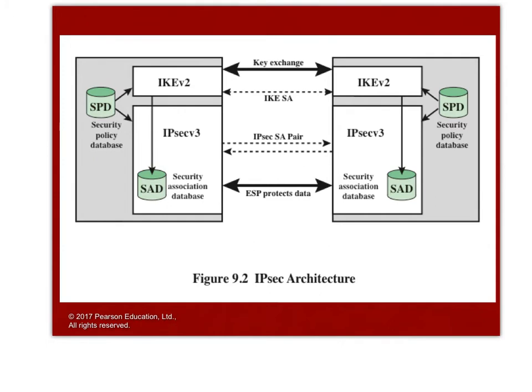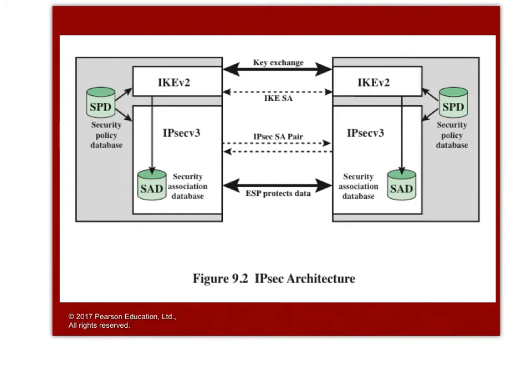Once I agree on a new security association, I put it in the database here, and here I get the primary key of that security association, and I put it in the policy database. So whenever this traffic comes in, please apply this rule, which includes this security association in the database.